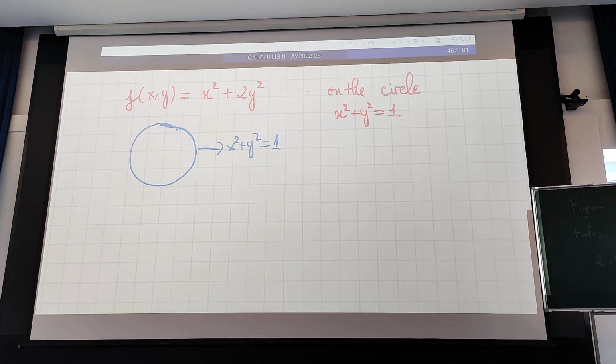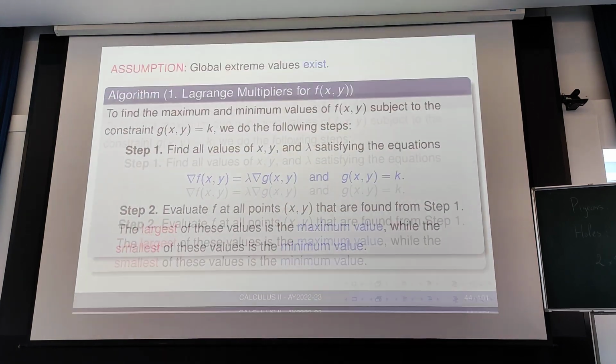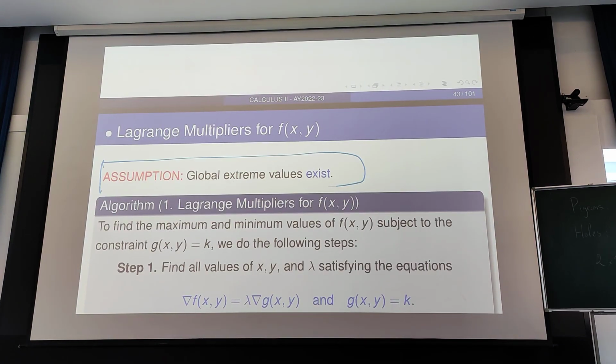So, using the theorem in the previous topic, you know that if this function is continuous, then the existence of a global extremum is guaranteed. We assume that we know the existence of a global extremum. That makes sense now to consider the problem of finding the value.